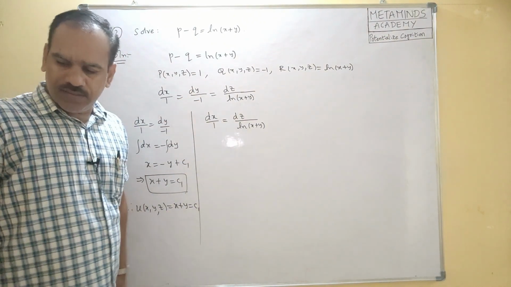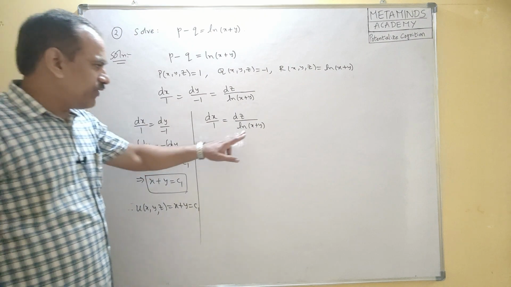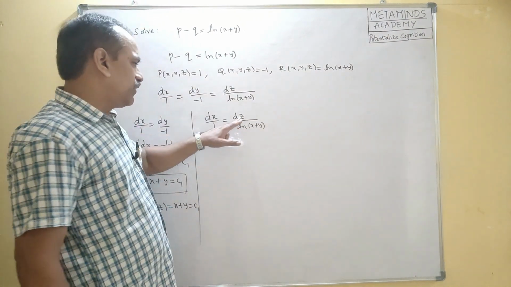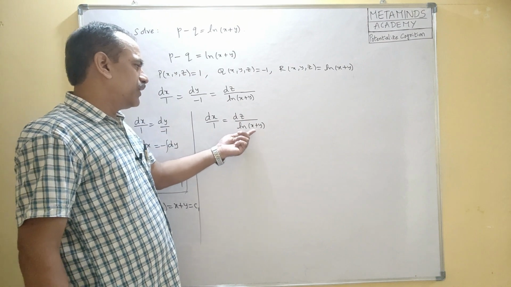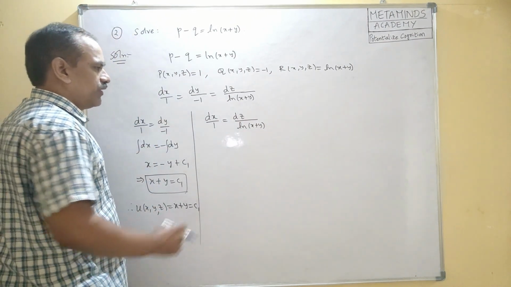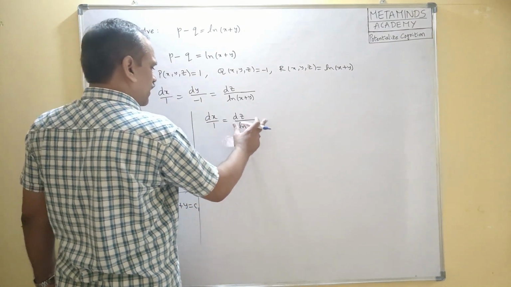But to integrate dz/ln(x + y), you should not have x and y here. We cannot integrate this. When you have dz, the function should be in z, or you can have a constant. But you have x + y here. X and y are involved here. You cannot integrate this part.